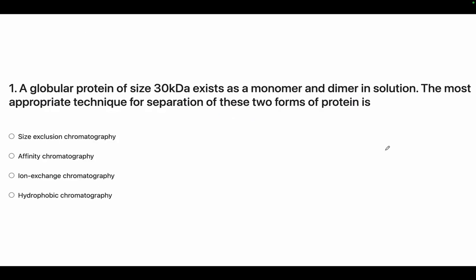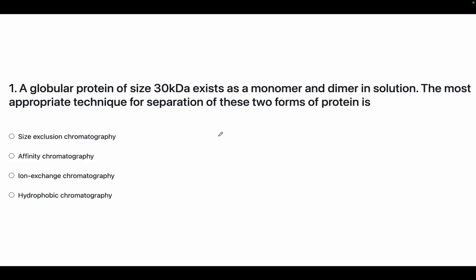We have a globular protein of size 30 kilodaltons. It exists as a monomer and a dimer. What would be the most appropriate technique for separating these two forms of the same protein? Since these are two forms of the same protein, most of the properties of the protein are going to be the same, like the surface charge or the hydrophobicity.